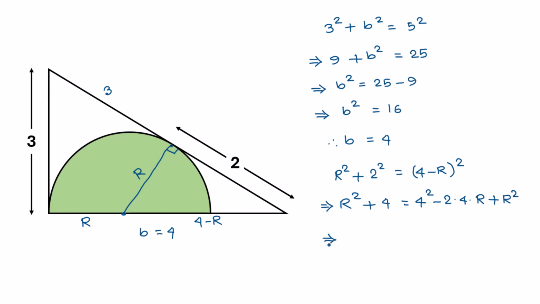Now taking this 4 times 2, 8r to the left side, and this left side to the right side, we will get this negative 8r will be positive 8r, is equal to this 4 squared is 16 plus this r squared minus this r squared minus this 4.